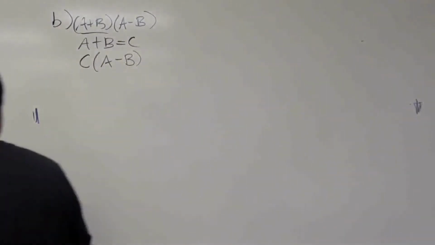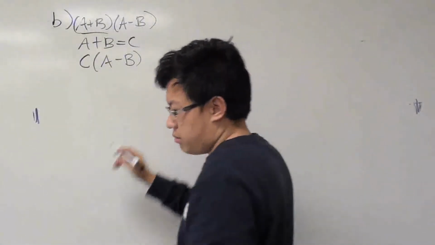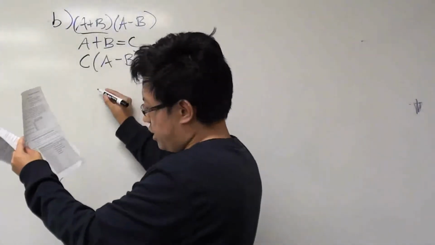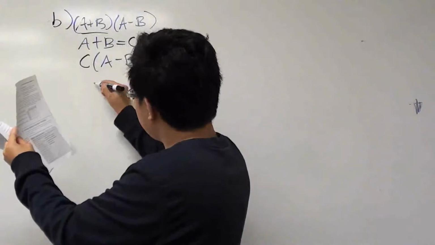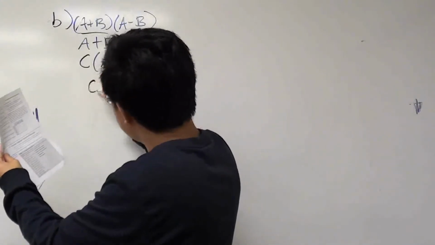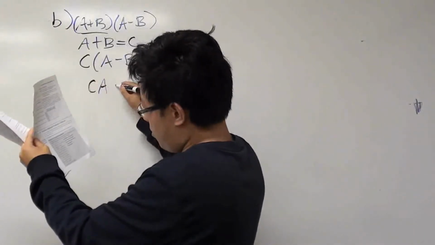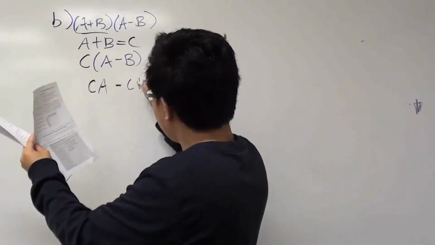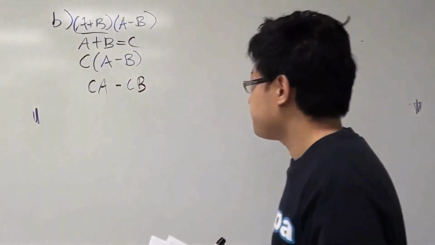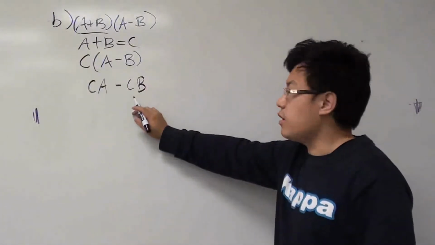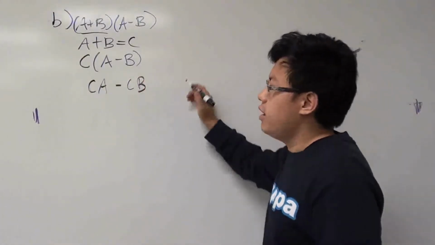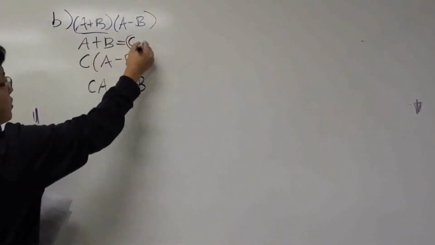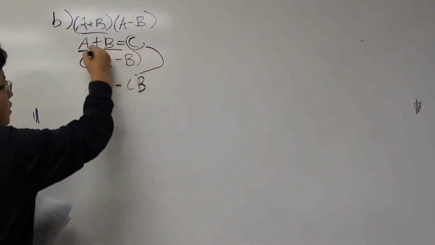So if I have that, what I'm doing here is correct. It's going to be CA minus CB. I'm trying to relate back to this, so let's now expand C. What was C? C was A plus B, so let's plug it in again.